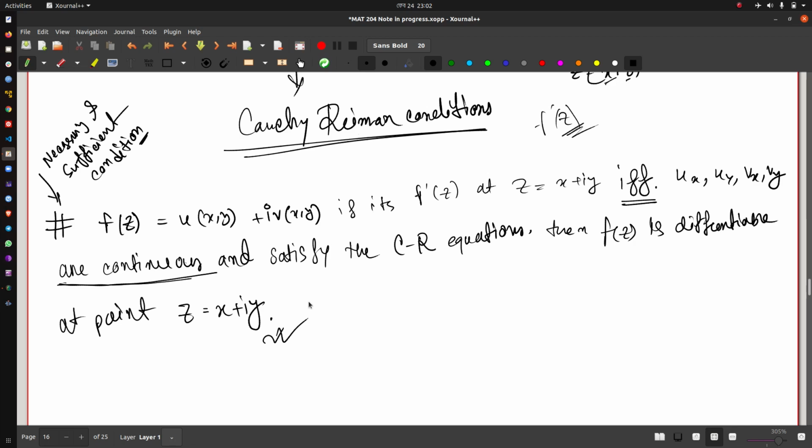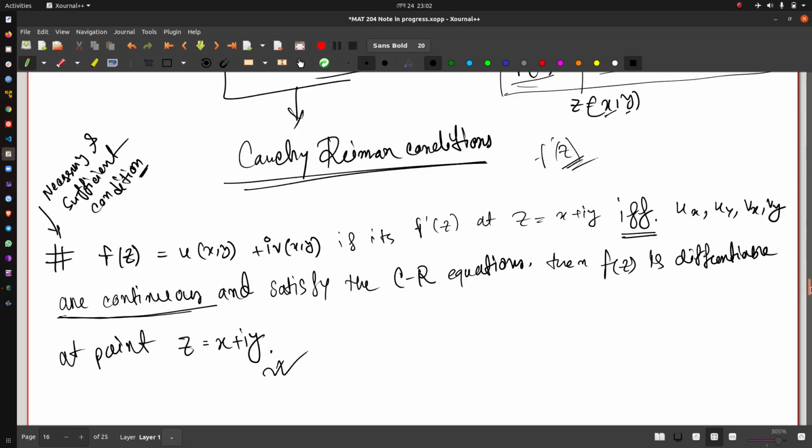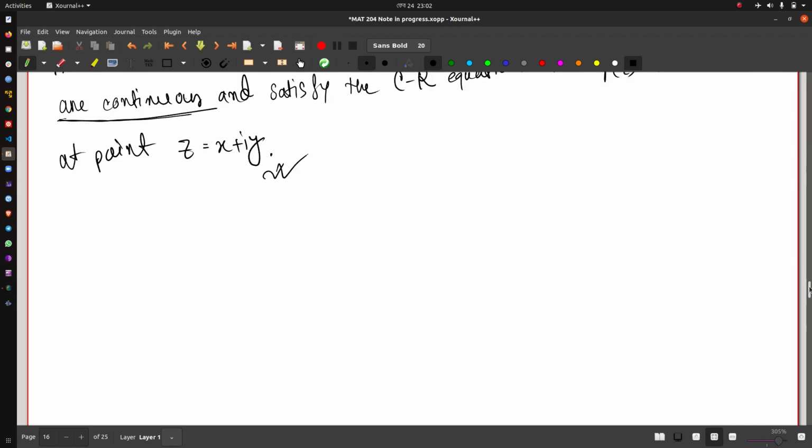Now we want to see some consequences of these Cauchy-Riemann conditions. Even though we said that we want to discuss analytic functions, we haven't come to that point yet. We will come to that in a bit.